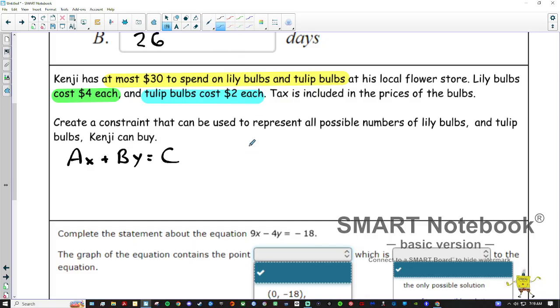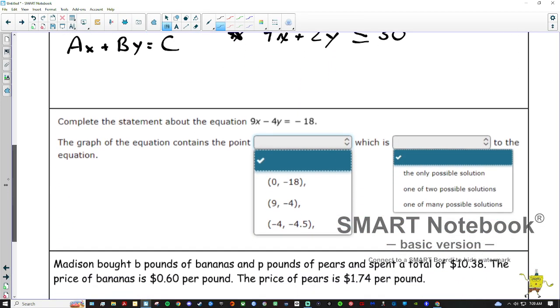Okay, so when we plug these in, we have 4x, this is for my lily bulbs, plus 2y for my tulip bulbs, and it's going to have an inequality and then our total, c. Since it's at most, it's not going to be equals, but we're allowed to spend any number less than or equal to 30. So this is our constraint, our equation. Okay, moving on.